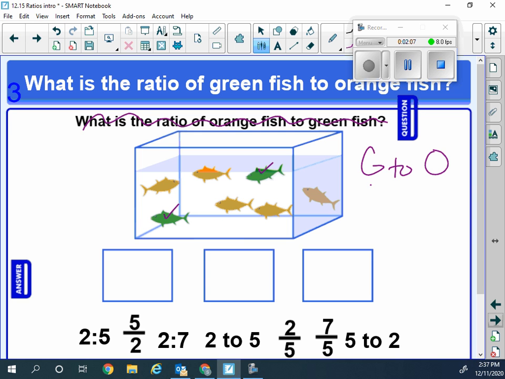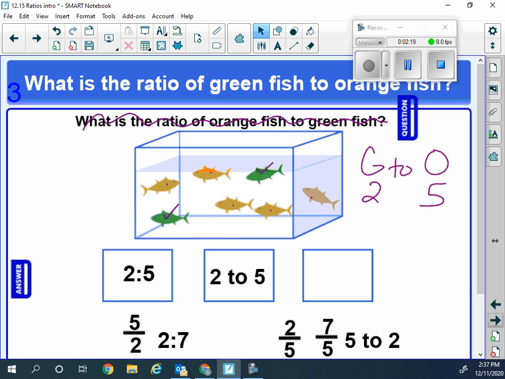So we have 2 green and 1, 2, 3, 4, 5 orange. So that means we could write it like this, 2 to 5, or like this, 2:5, or like this, 2/5. Okay? Hopefully everybody got that.